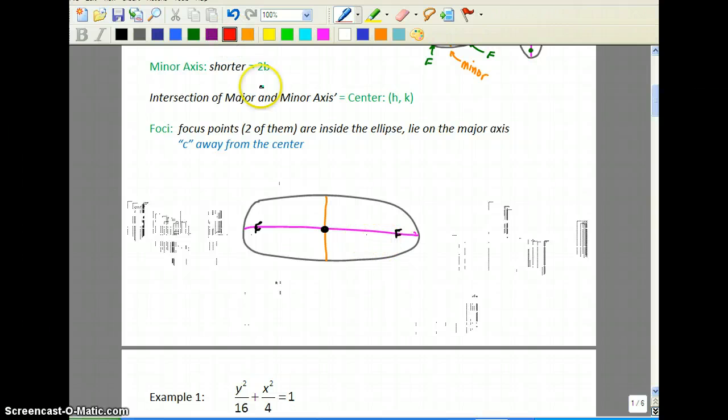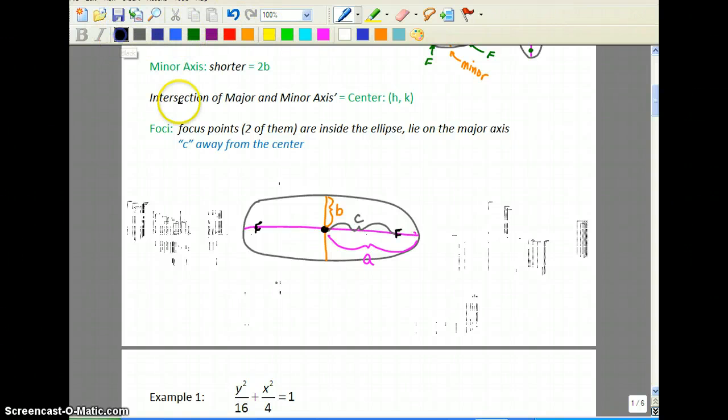This distance on the pink will always be A. The orange distance will always be B. And the distance from the center out to the foci will be letter C. Now, which one of those is always going to be longer?